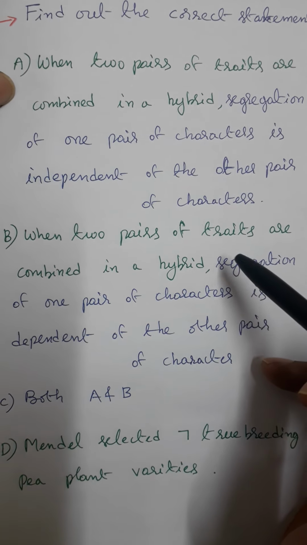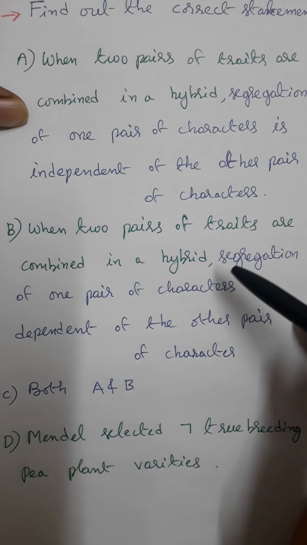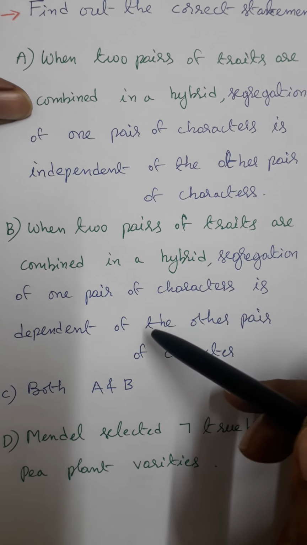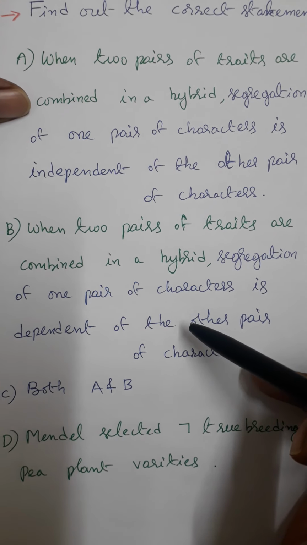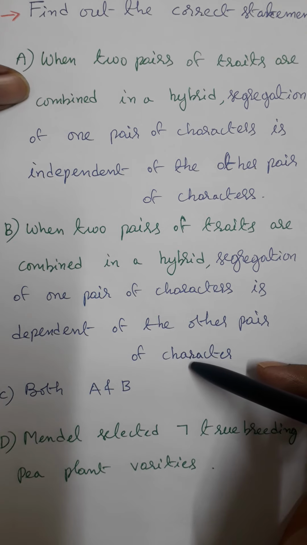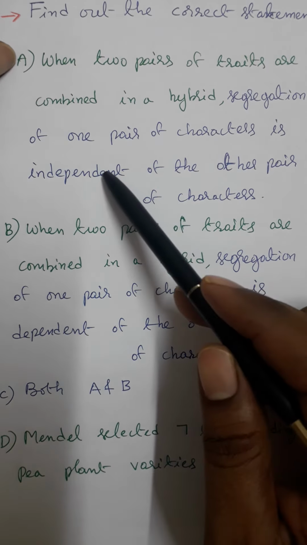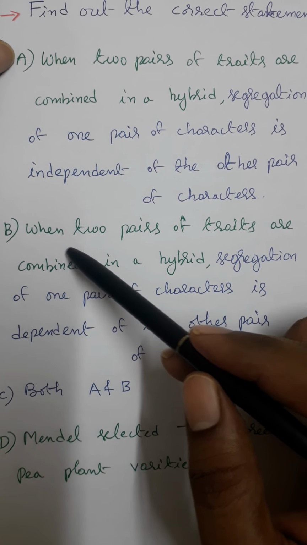What about the second option? Option B, when two pairs of traits are combined in a hybrid, segregation of one pair of characters is dependent on the other pair of characters. What differences do you observe in options A and B?